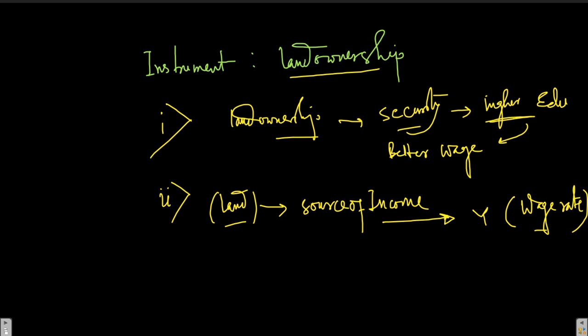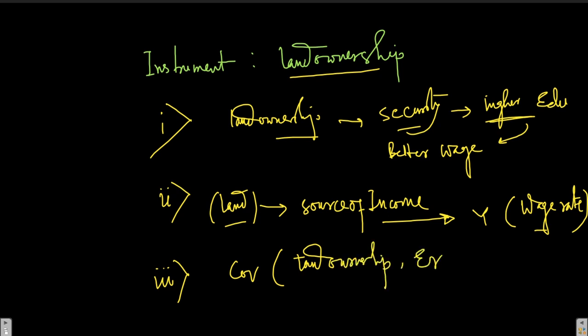And the third part is that I have to see if the covariance between land ownership and the error that I have obtained is equal to 0. If these three conditions are satisfied, okay?